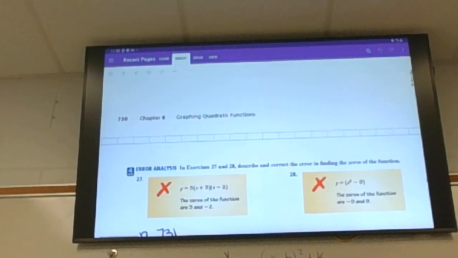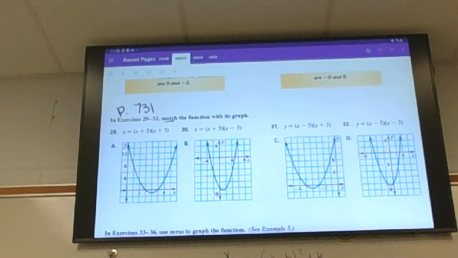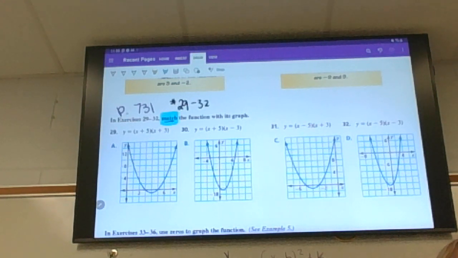Okay. Here it is. We are matching. You're matching a number to a letter.